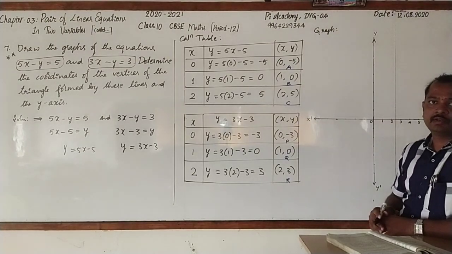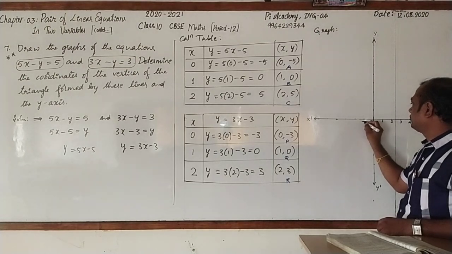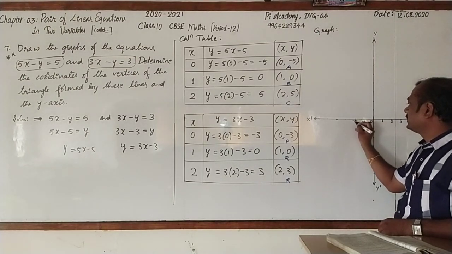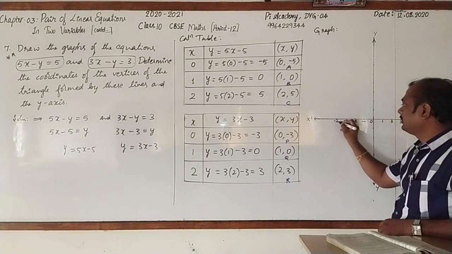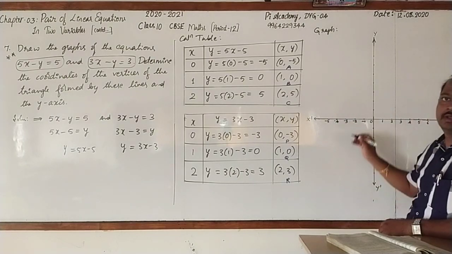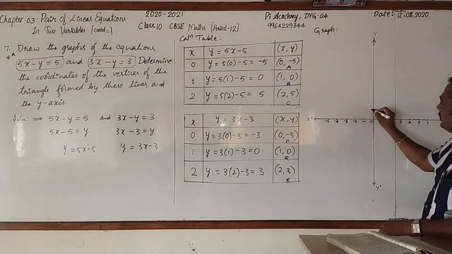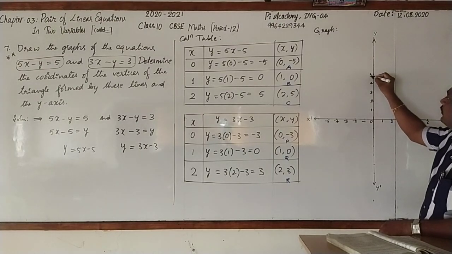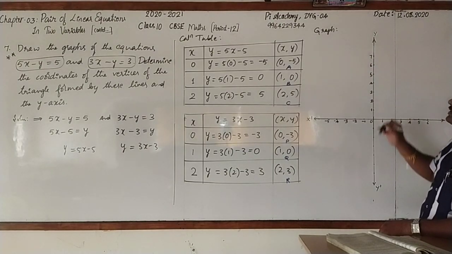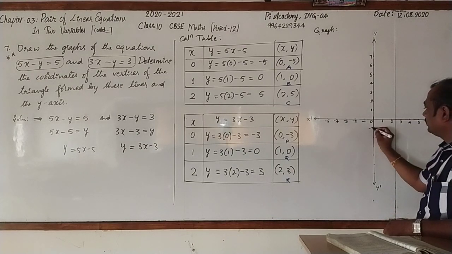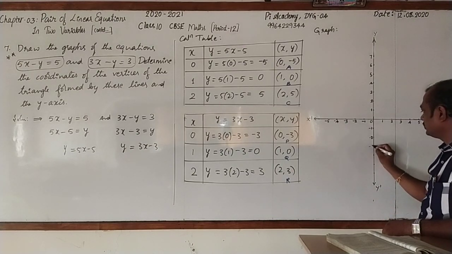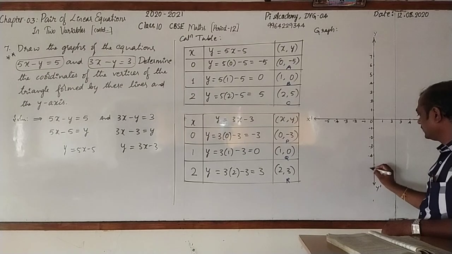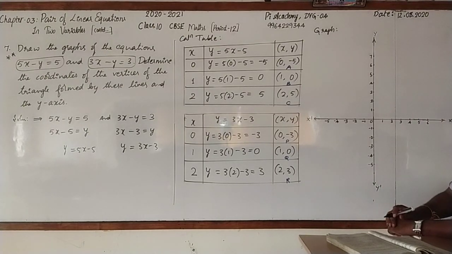Left side of 0 are negative. Start writing with me: -1, -2, -3, -4, -5. Above 0 are positive: 1, 2, 3, 4, 5, 6 and 7. Below 0 are negative: -1, -2, -3, -4 and -5.